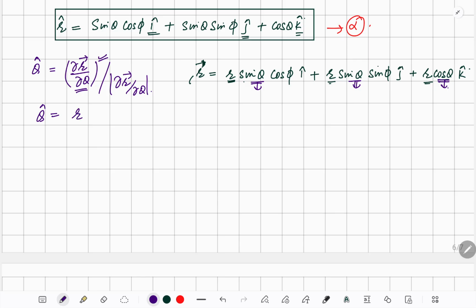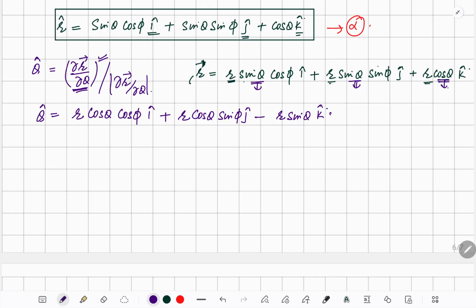So it's r sin theta would be cos theta and cos of phi i cap plus r sin theta would be cos theta sin of phi j cap plus r cos would be minus sin theta, so it's like minus r sin of theta k cap. This is the numerator part and its magnitude.